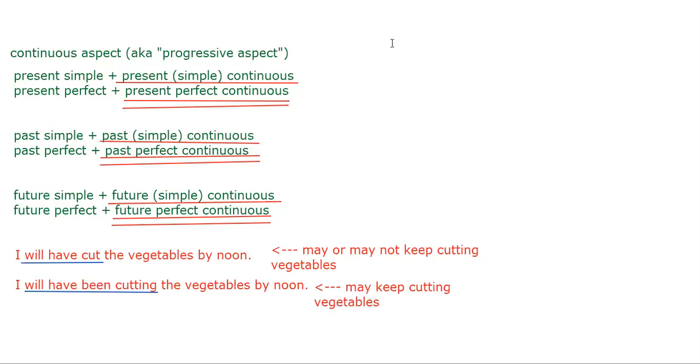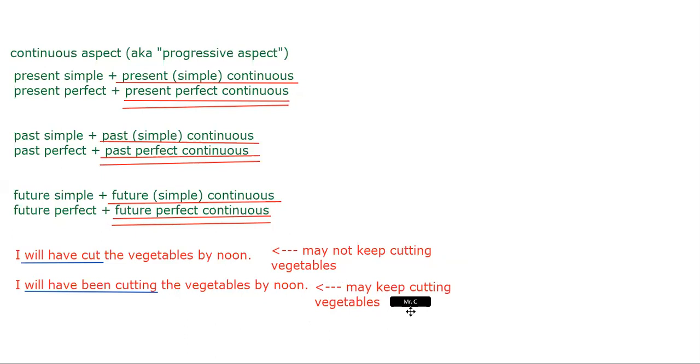So why don't I just rephrase it to make things less confusing? The first one makes it sound more likely that you're not going to keep cutting the vegetables, but the second one, did I just say the first or the second? I'm confusing myself. I didn't get a lot of sleep last night. I'm sorry. Let me rephrase this.